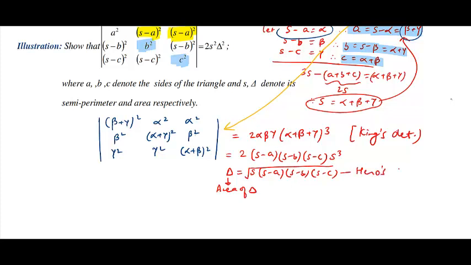So using Heron's formula, the value of the determinant becomes 2 times, I multiply s with (s minus b)(s minus c) times s square. So from this s cube, I take one s with this term, which is the same as 2 times delta square times s square.